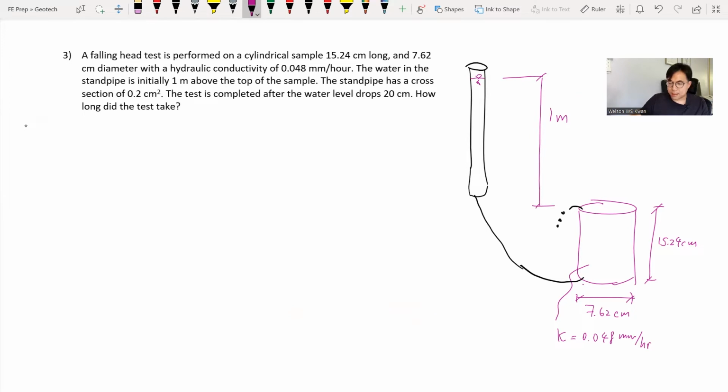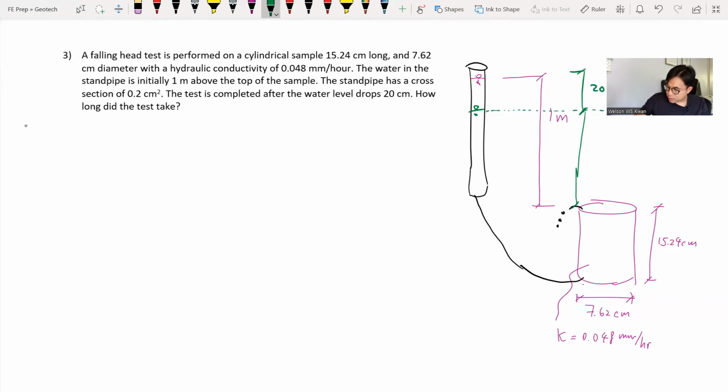And then after the end of the test, the water level falls, and then it just drops by, so this is later on, the water level is dropped by 20 centimeters.